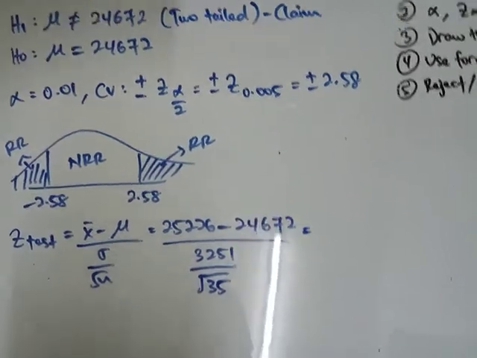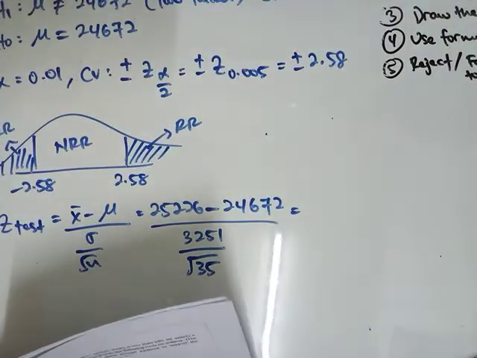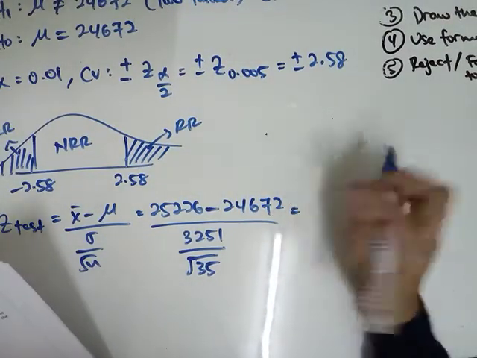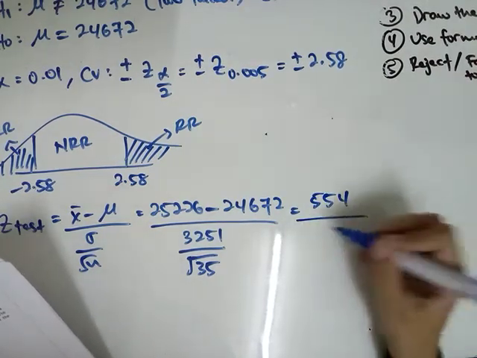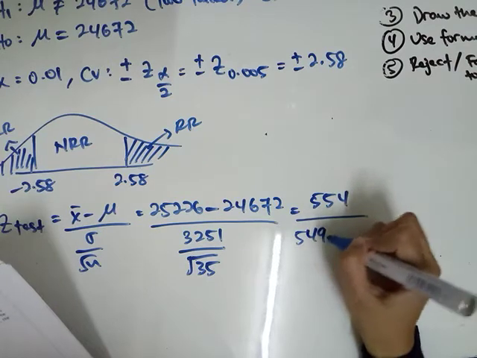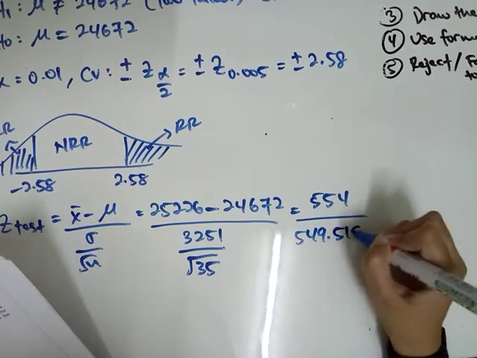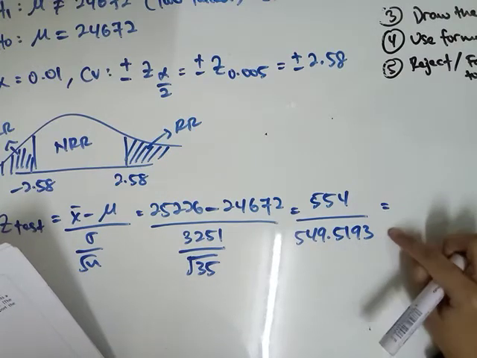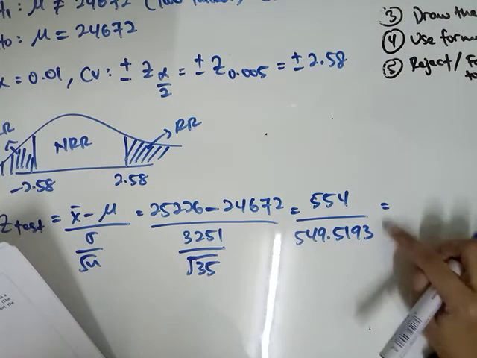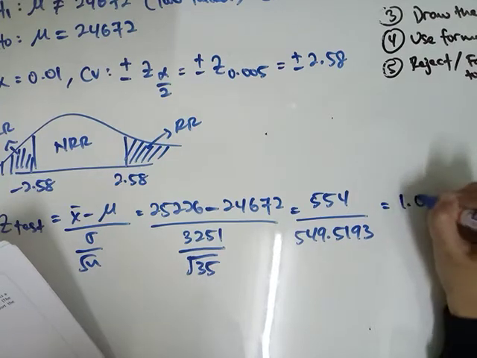Okay, you can see it now. Then calculate. Numerator you will get 554. At the denominator you will get 549.5193. And then you can solve 554 divided by 549.5193, you will get 1.0082.